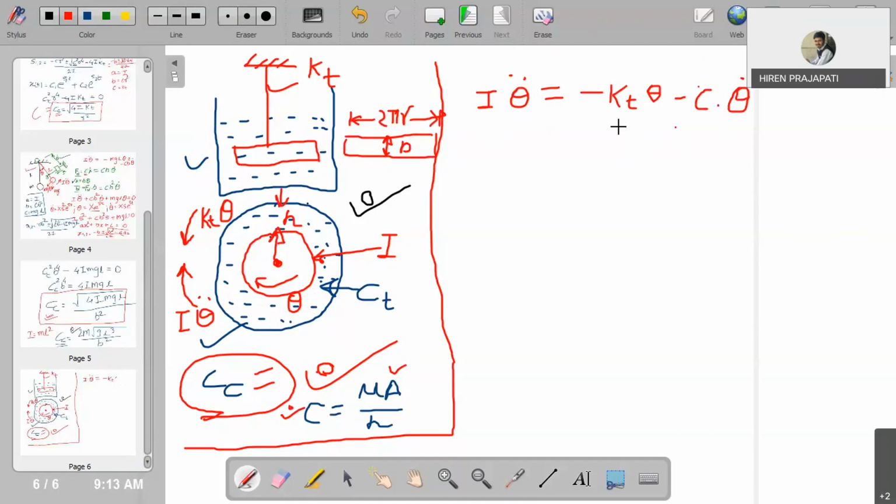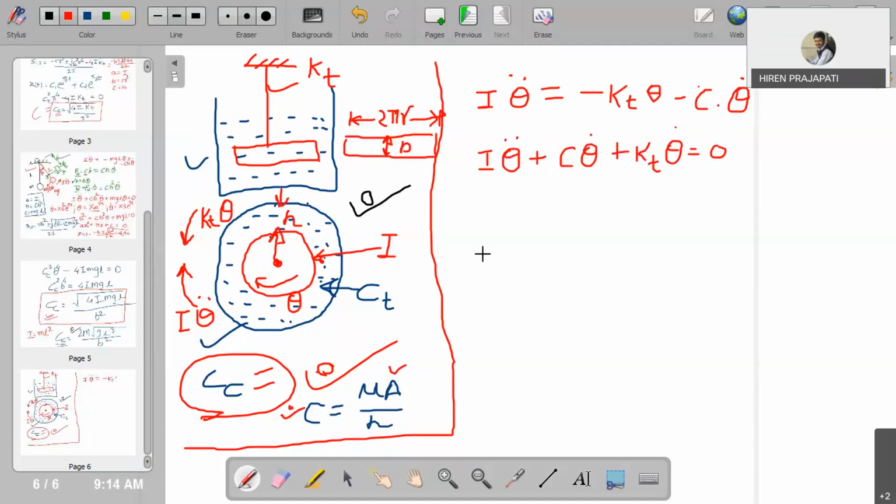So this will be the equation based on Newton's second law. Now let us take both the negative terms to the left side. So the equation will be I theta double dot plus c theta dot plus kt theta is equal to 0, right? And this c which is written here is nothing but mu A by h.